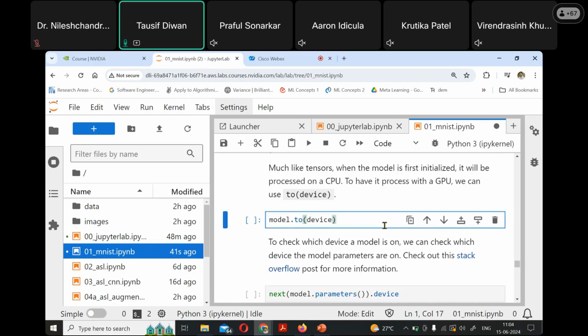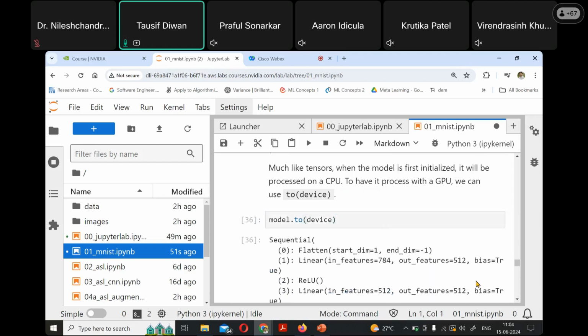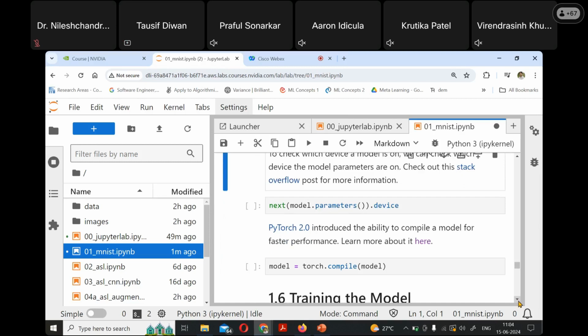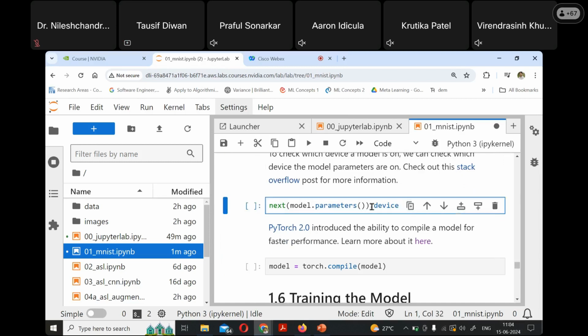Everything should be moved to the GPU. See, model.to(device). What ultimately are we shifting to the device? We are shifting the parameters to the device. Just run this cell and see the output.